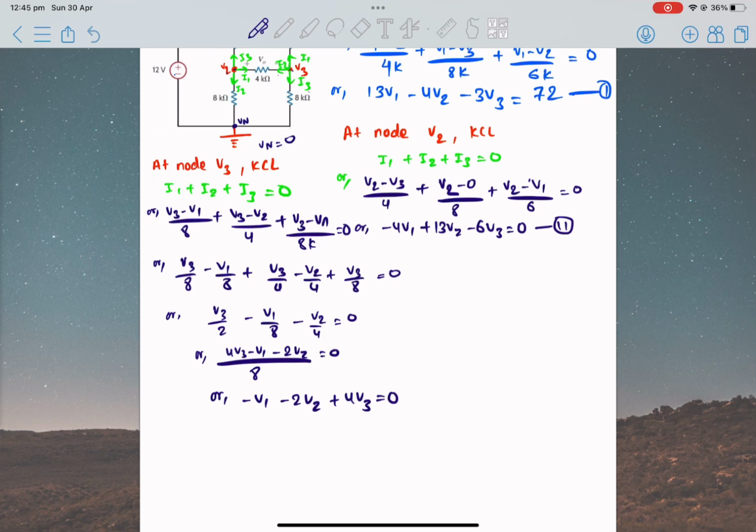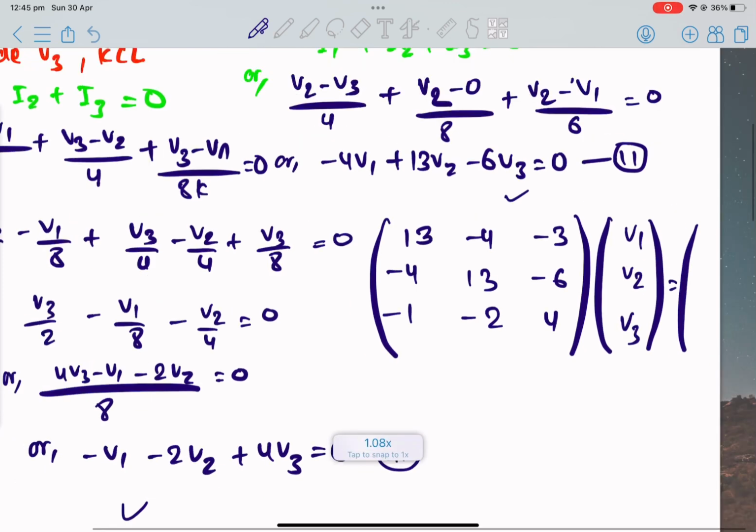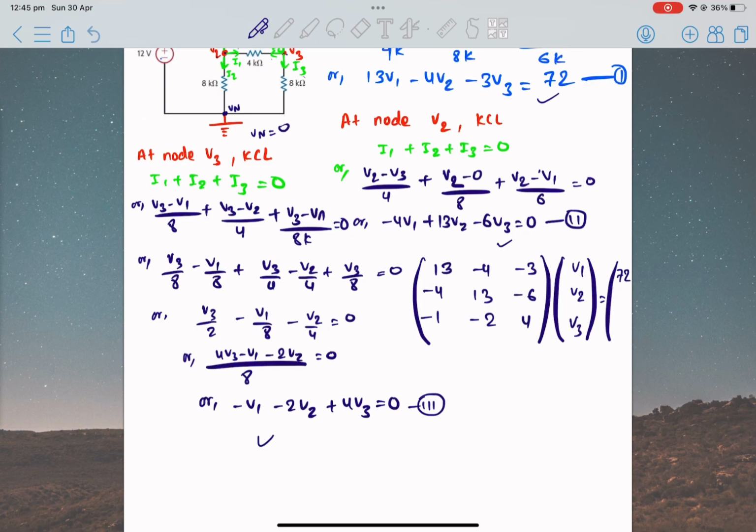Now from all of these we have got our three equations. So let's put it all together as a matrix. That is 13, minus 4, minus 3, and minus 4, 13, minus 6, and here is minus 1, minus 2 and 4. And here is V1, V2 and V3. And on the other side we have 72, 0 and 0.